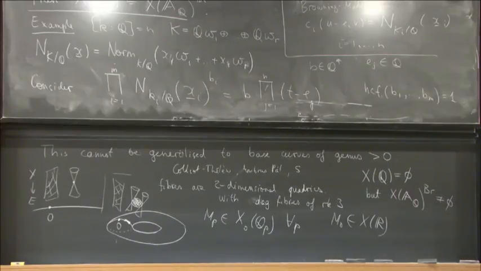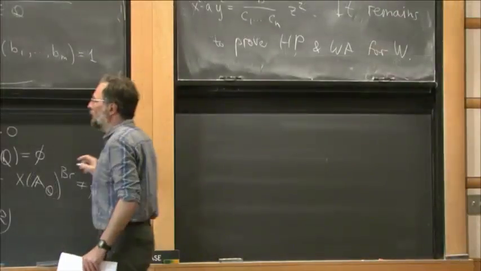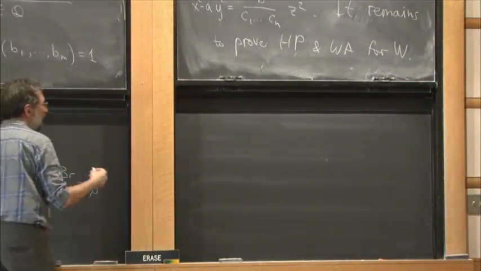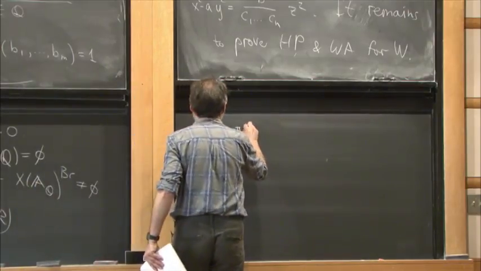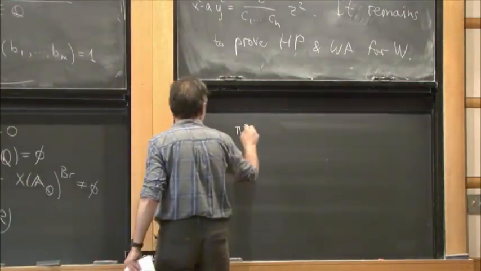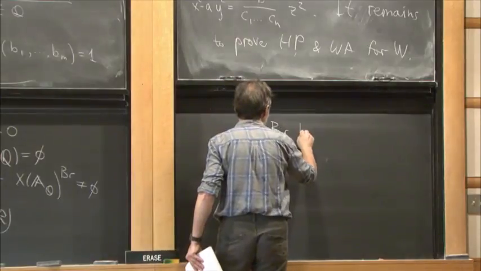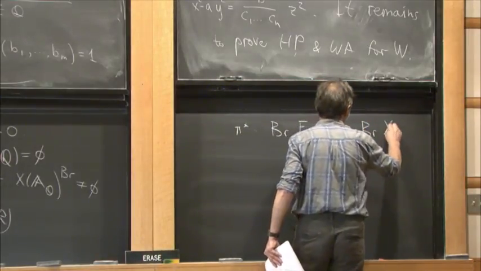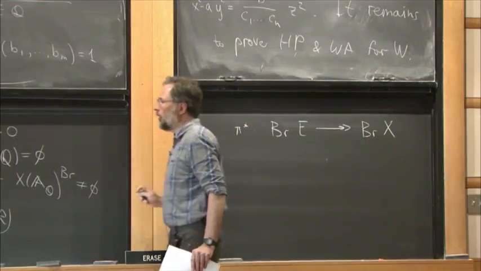So let me find another blackboard. In fact, one shows, because we have such mild degenerations, that π*, the induced morphism in the Brauer group, is a surjective homomorphism. I mean, that's elementary.